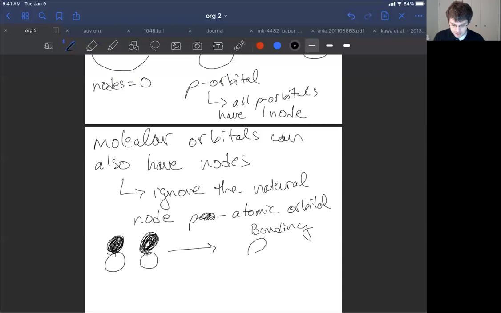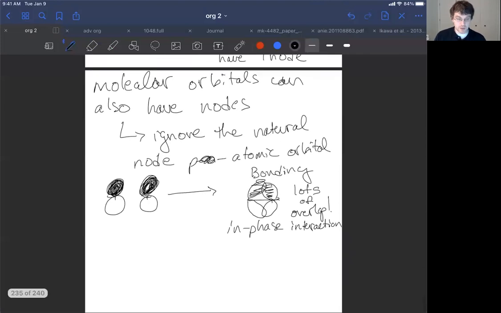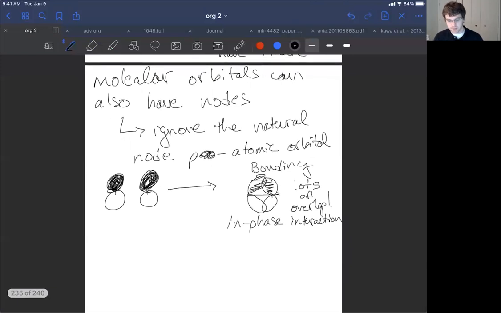So what we get is a bonding molecular orbital that looks like, I should draw that one curving in a little bit, where the shaded regions overlap with shaded regions and the unshaded regions overlap with unshaded regions. So there's a lot of overlap because there's in-phase interaction. Okay? So when the shades overlap, we see in-phase interaction, and that promotes bonding.